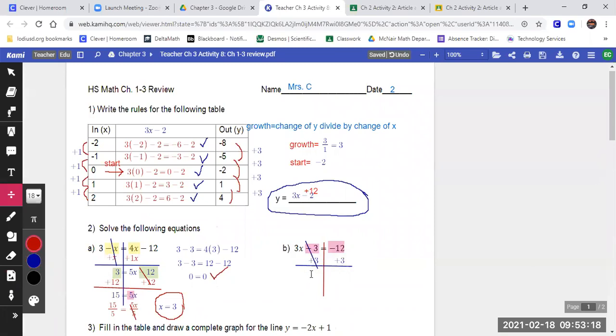What else got left? Then we go jump over and we do the math. -12 plus 3. Are those the same sign? No. So when they're not the same sign, what math do we do?